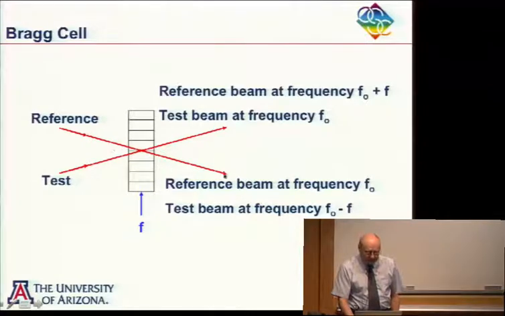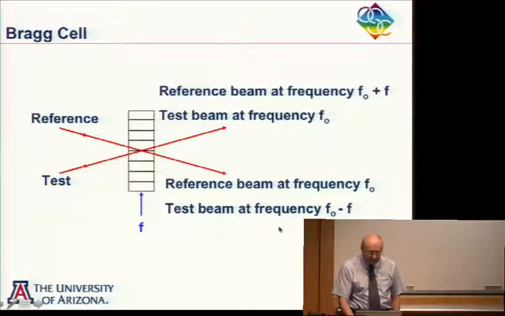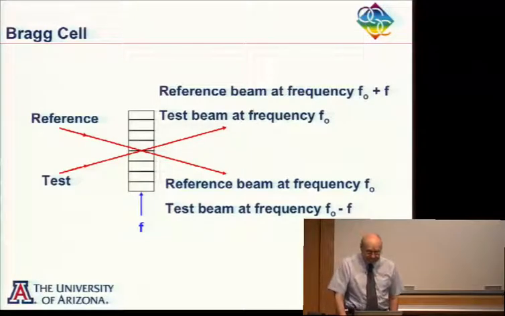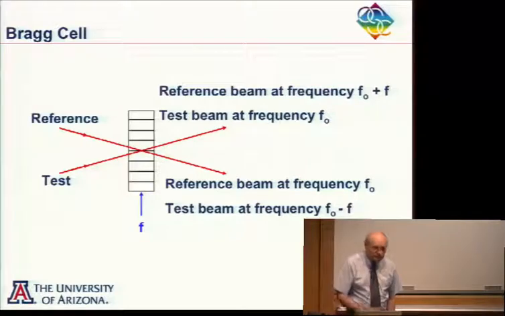Okay. So anyway, this is a very good way of using a Bragg cell, in this case, as a frequency shifter, which is just a phase shifter where the phase is changing at a constant rate. So any questions on this?